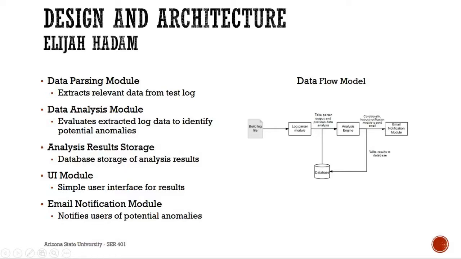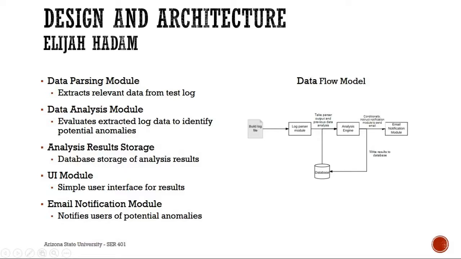The data analysis module takes the data from the log parser module as well as memory from the database, which flows from the third module, the analysis results storage. It looks at the data collected from the parser module, compares it with previous results, and asks, is this different?